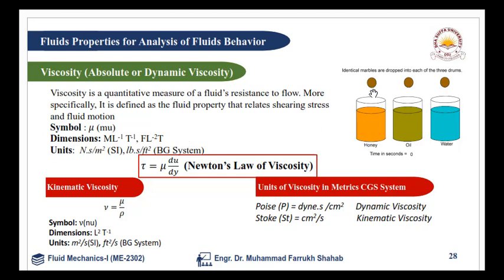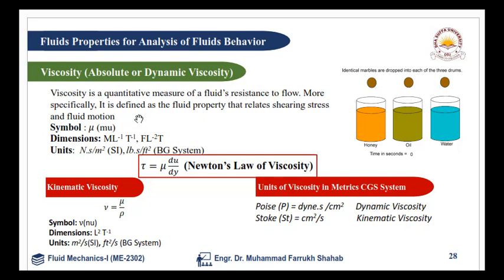Besides this marble example, viscosity can be observed if you have honey in a jar and you try to pour it: it takes more time compared to water or oil from the same jar. So this is basically the relative resistance of the flow.